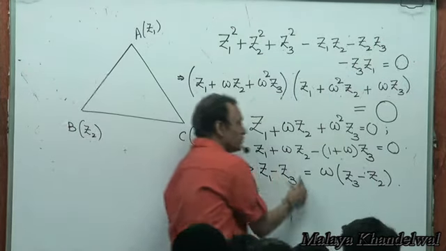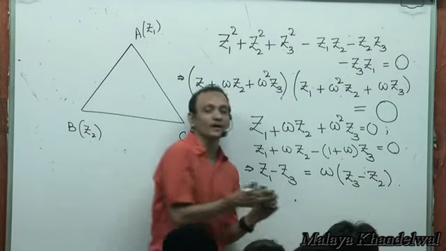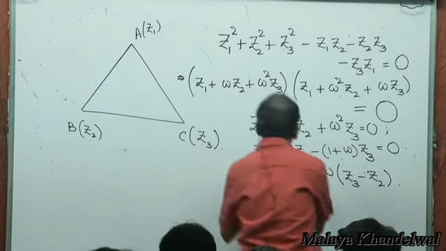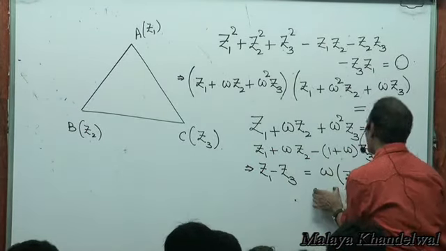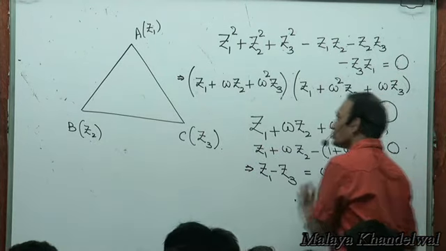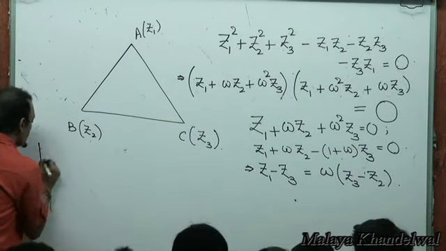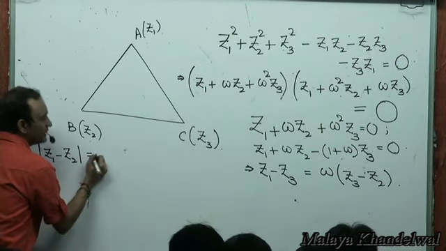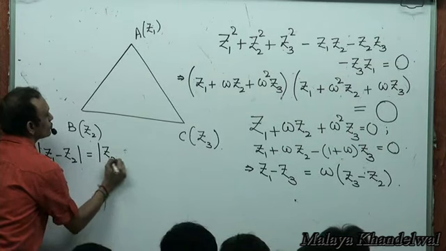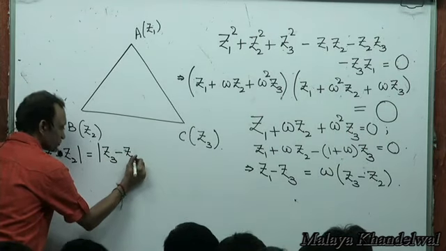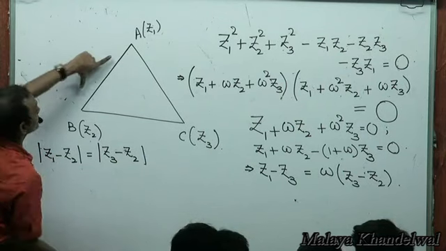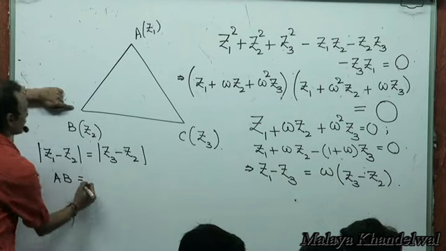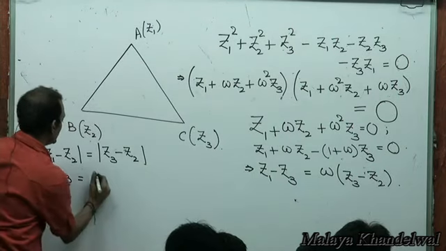Now, if I took the modulus of both sides, modulus of omega is 1, modulus of n roots of unity would be 1. So mod of z1 minus z3 is mod omega, which is 1, into mod of z3 minus z2. So one thing for sure, mod of z1 minus z3 is mod of z3 minus z2. Now, mod of z1 minus z2 is side AB, and mod of z3 minus z2 is the side BC.